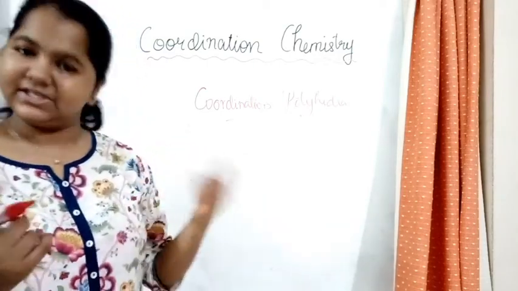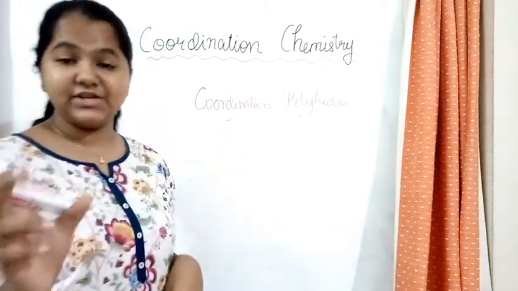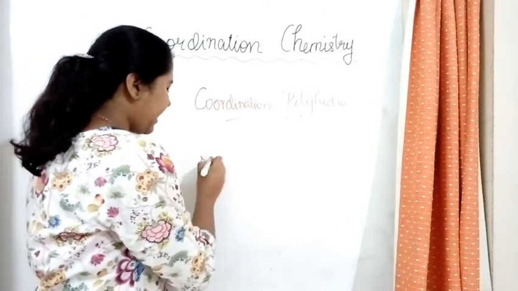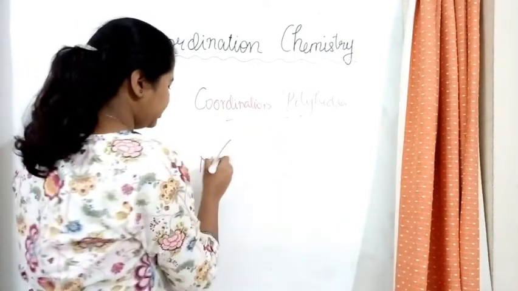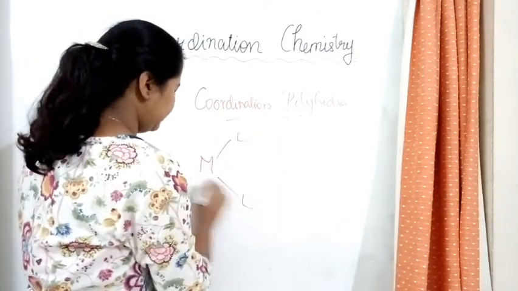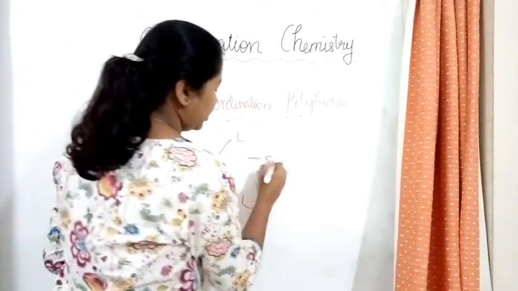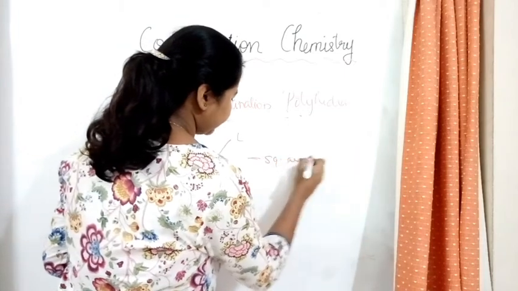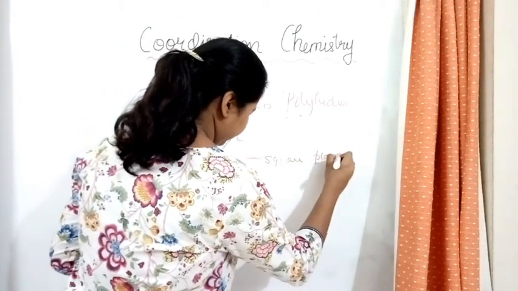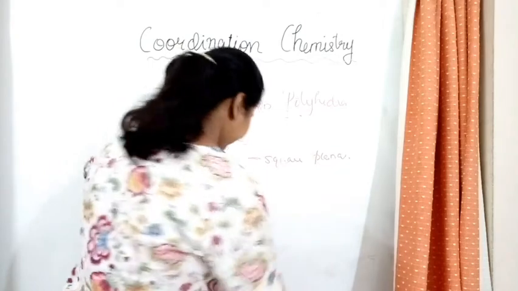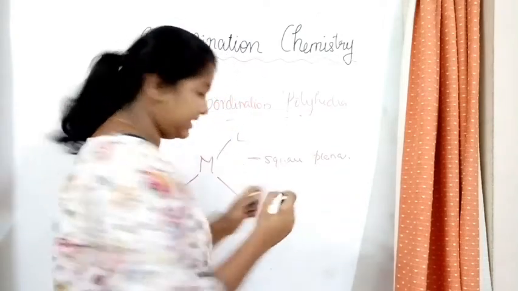The first one is very common. We'll write the central metal atom as M and the ligands as L. This is square planar. Then we have tetrahedral.